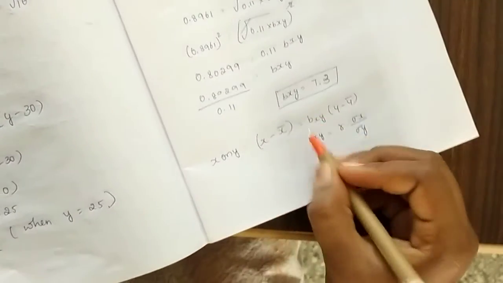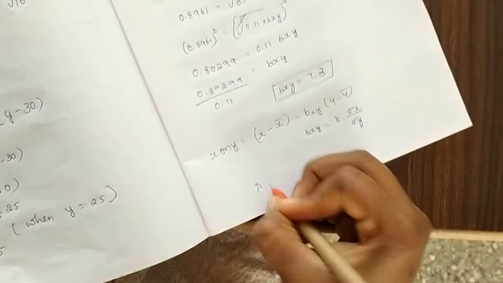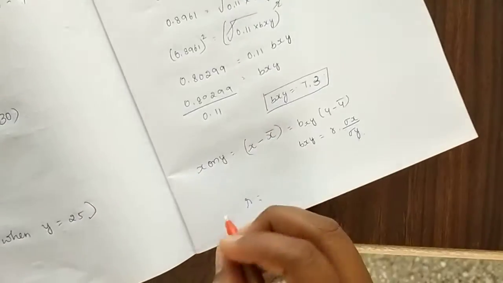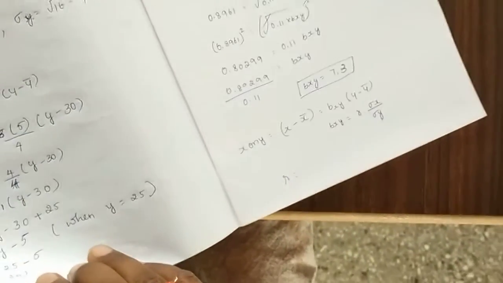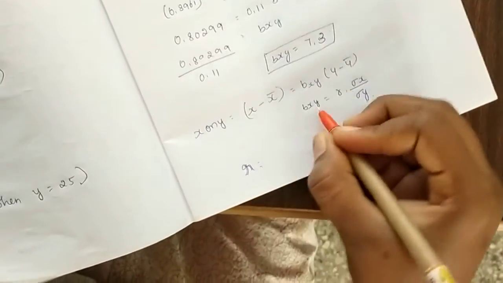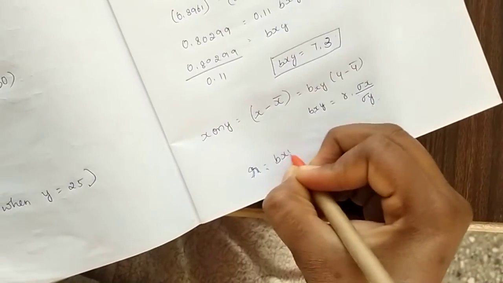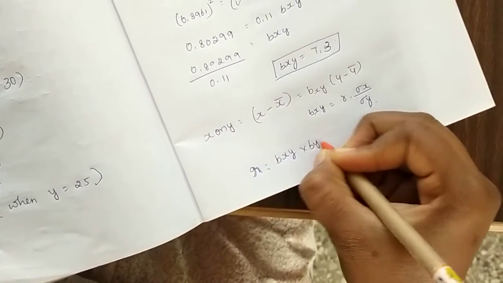Here r is the coefficient of correlation, and r is equal to the root of bxy into byx.